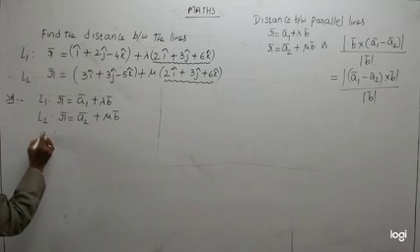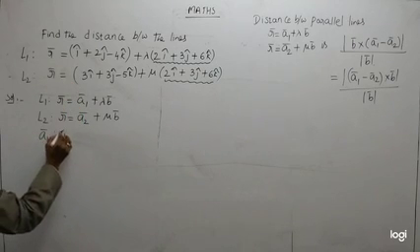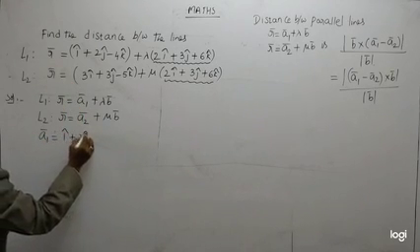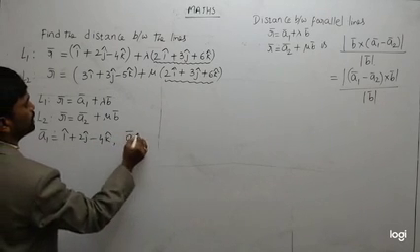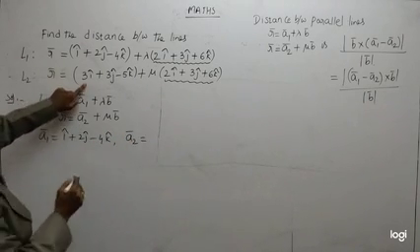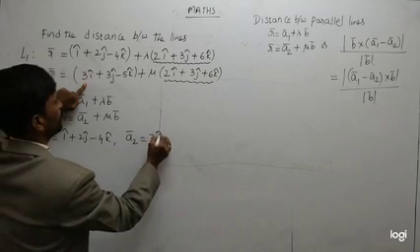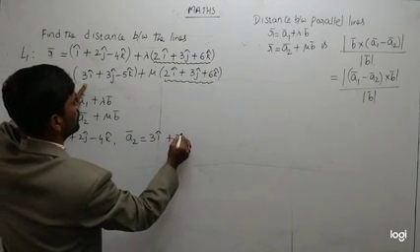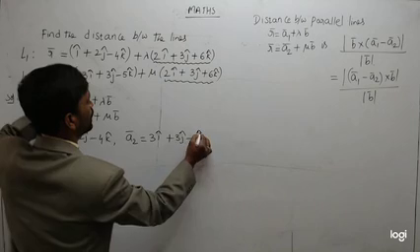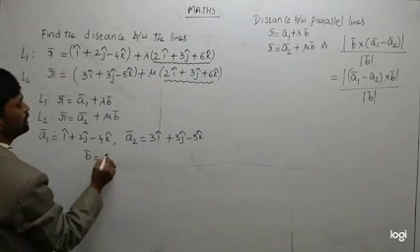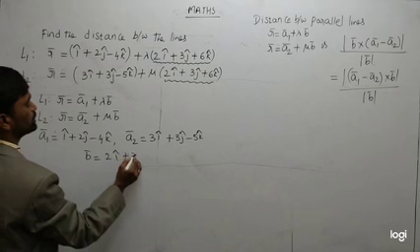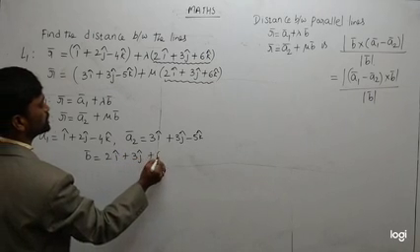A1 bar vector is i cap plus 2j cap minus 4k cap. And A2 bar vector is 3i plus 3j minus 5k. Whereas the vector B bar is 2i plus 3j cap plus 6k cap.